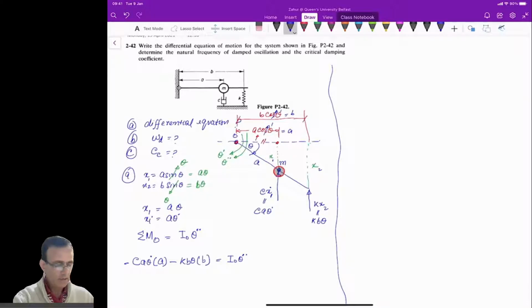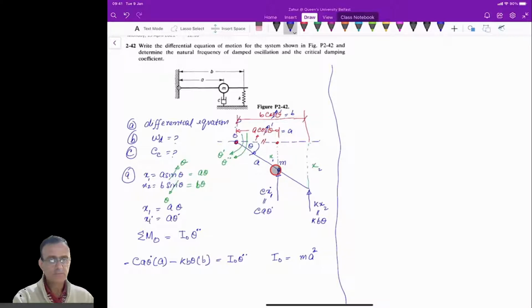Now because it's a concentrated mass, we can write the equation for I naught, which is m a square. M a square is the moment of inertia here.